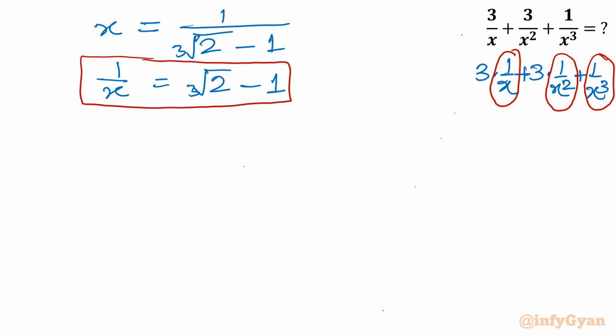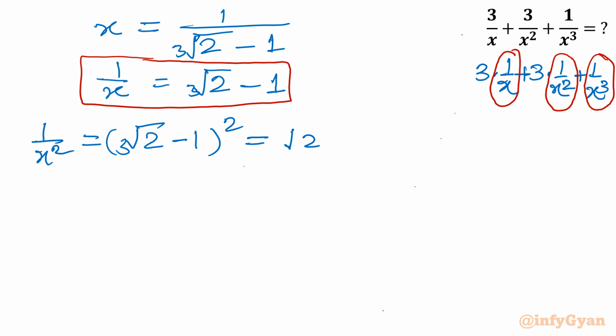So 1 over x is done. Now let us calculate 1 over x square. So I will write here 1 over x square. Let's consider whole square. So I will write cube root of 2 minus 1 whole square. So this value will be a minus b whole square. So a square, so I will write cube root of 2 whole square, plus b square, so 1, minus 2ab, so 2 times cube root of 2.